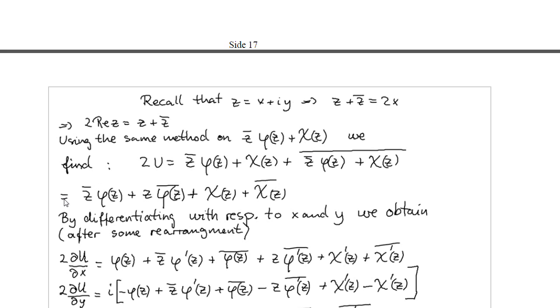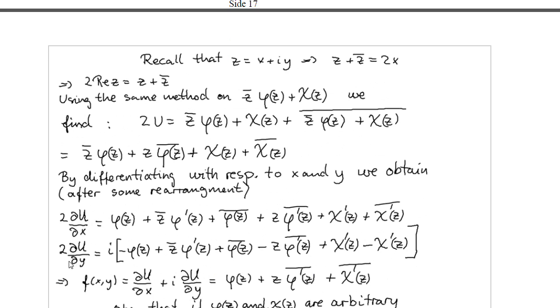So it's also simple to see that this turns out to be the conjugate of z multiplied with phi of z plus these terms. By differentiating with respect to x and y, we obtain, and this is not so easy to see, but it takes time, that the derivative of u with respect to x is given by this expression.